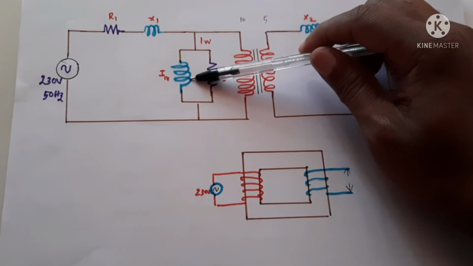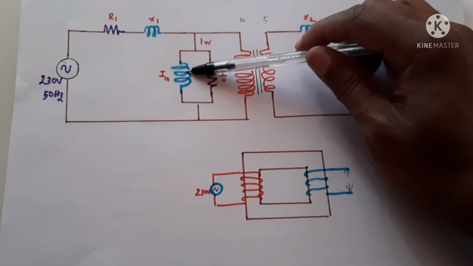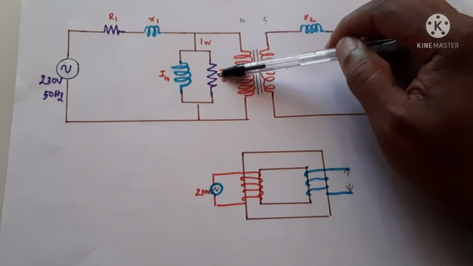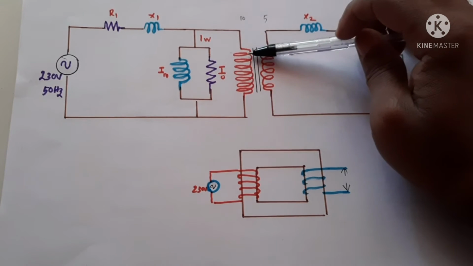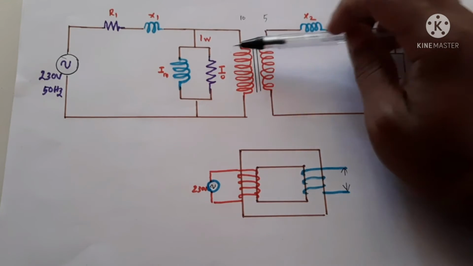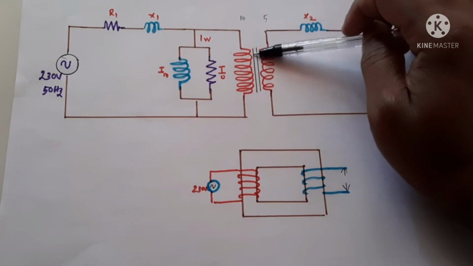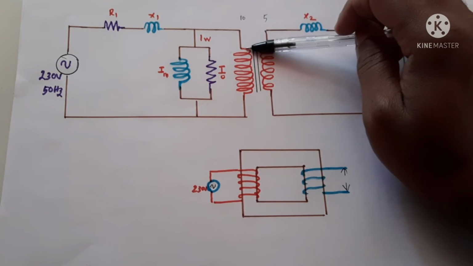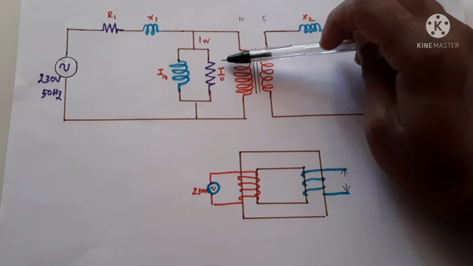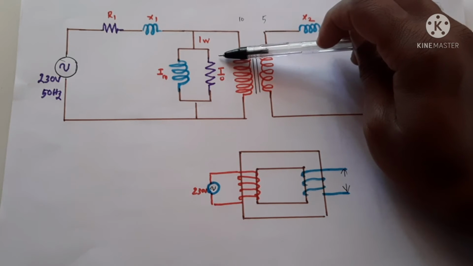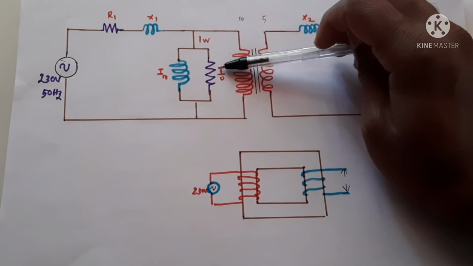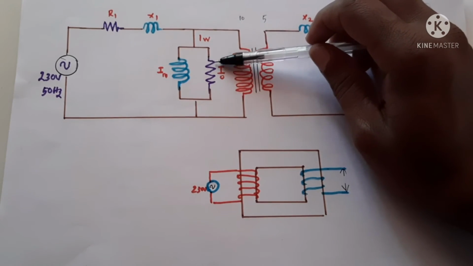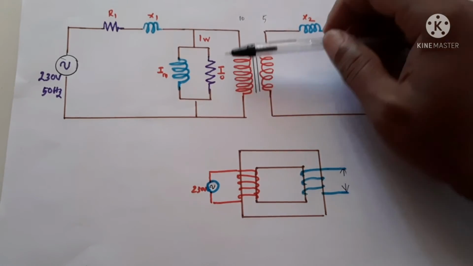This is for representing the magnetization current, and this is to represent the loss current, the eddy current loss, due to the resistance of the magnetic core and due to the hysteresis. Hysteresis means once it gets magnetized, the supply has to put some energy to overcome it. So that is called the I0.